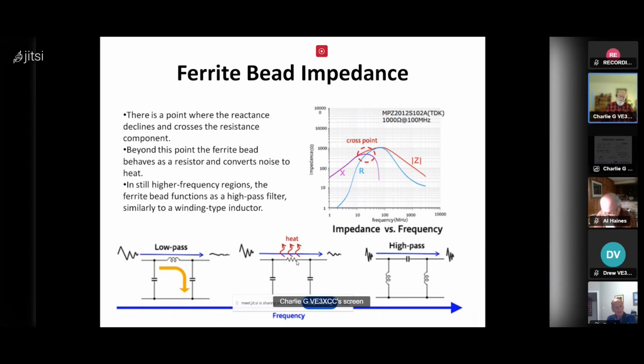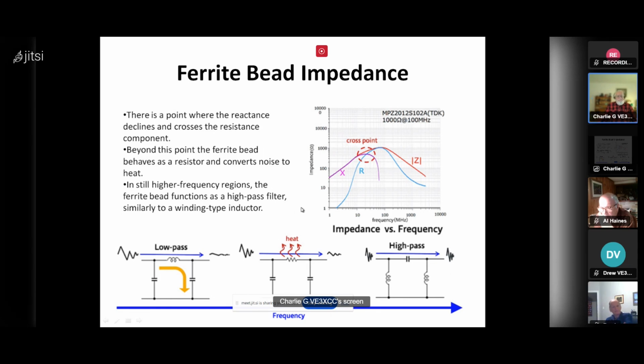So you can actually physically feel these things getting warm if the RF that you're trying to get rid of is in that kind of center frequency area. And then once you get on into the upper sections of it, it starts to look like a high pass filter. So it's not really doing much of anything in terms of getting rid of RF for us. It just kind of blasts straight on through.